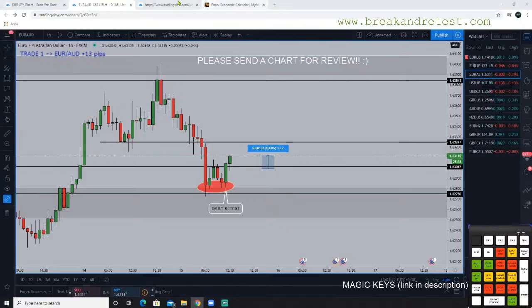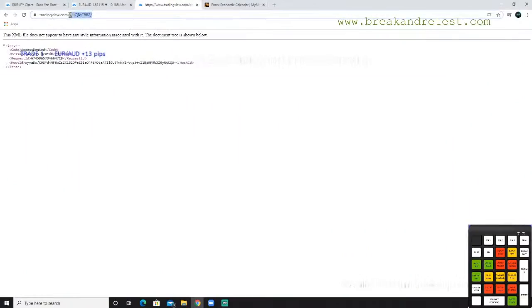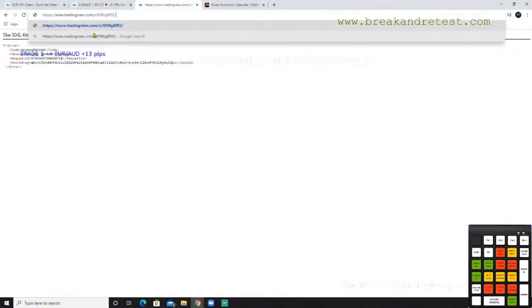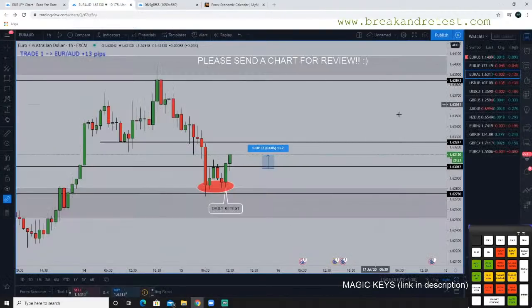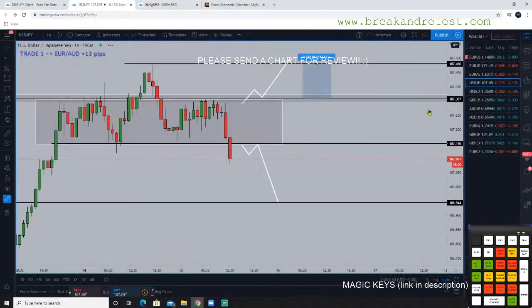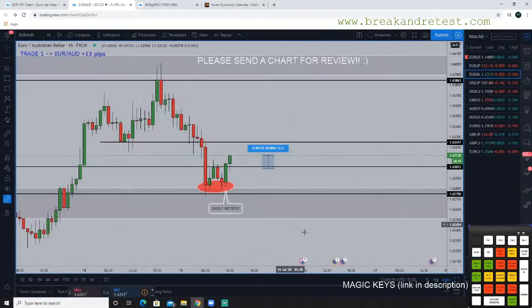Okay, Benjamin is here. Let's take a look at your chart, Benjamin. Yeah. I said about that on UJ. I'm waiting for the same thing. Waiting for a breakout. Once this candle closes below, a retest and continuation would be pretty good.